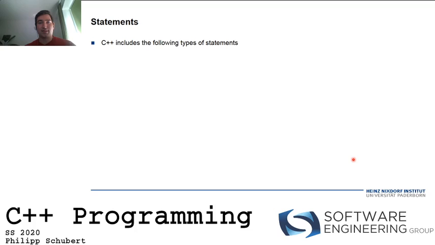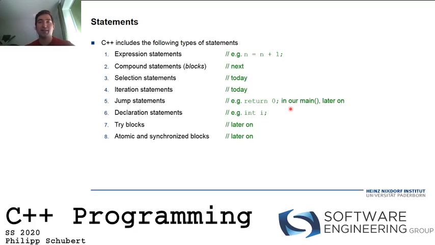All right. So, what other statements are there in C++? What statements can you use? C++ includes the following types of statements. Expression statements, we already used them today, quite a few times.